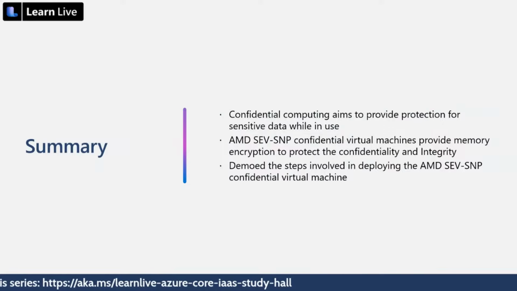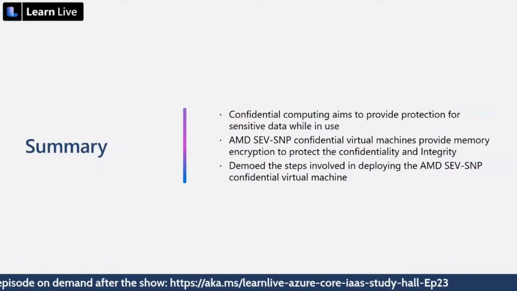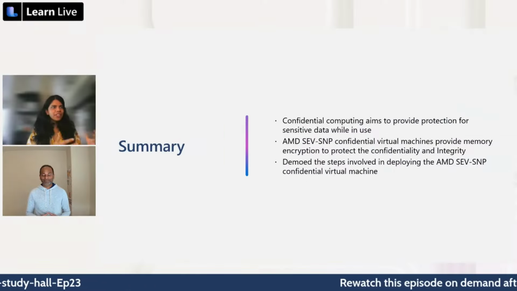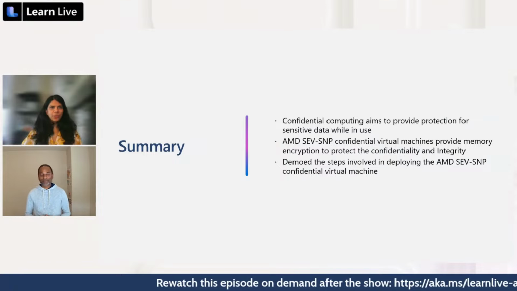And lastly, we saw that deploying such a confidential virtual machine is as simple and as seamless as deploying your regular virtual machine on Azure. And so we really hope that looking at the demo and looking at the features that are available, you are inspired to go ahead and try deploying a confidential virtual machine today.